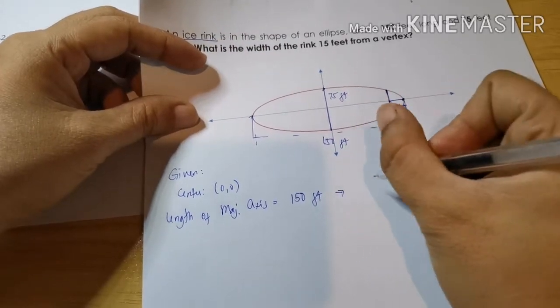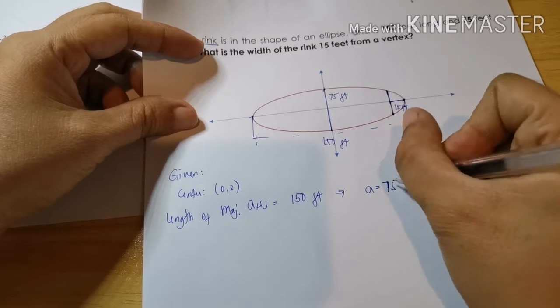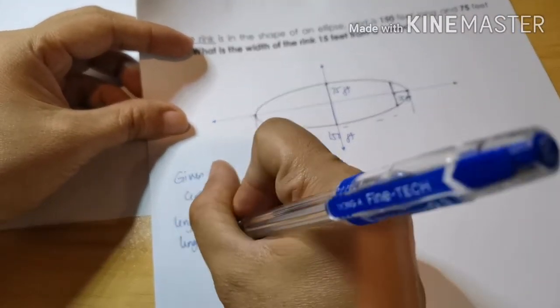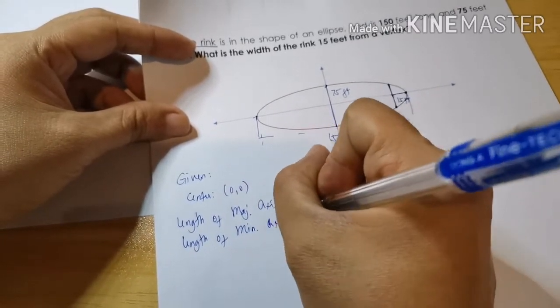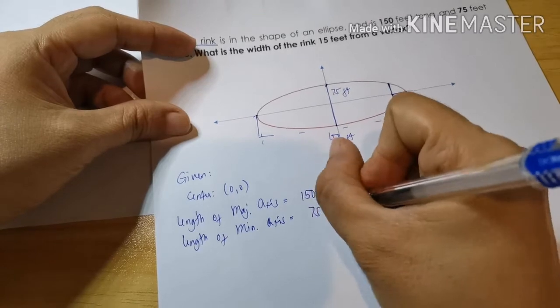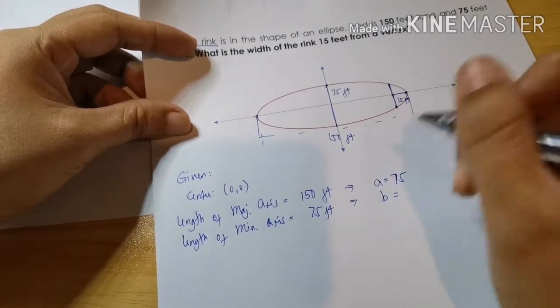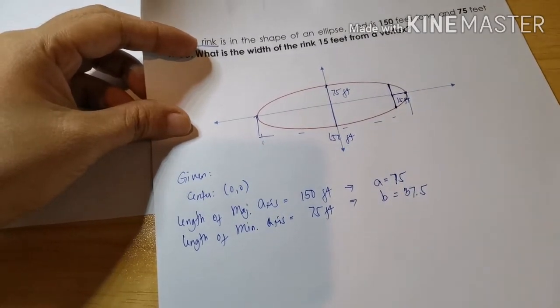That gives us the idea that a is equal to, yes, 75. Okay? And then we also have the length of our minor axis, which is 75 feet, which gives us also the idea that b is equal to, yes, 37.5 feet.